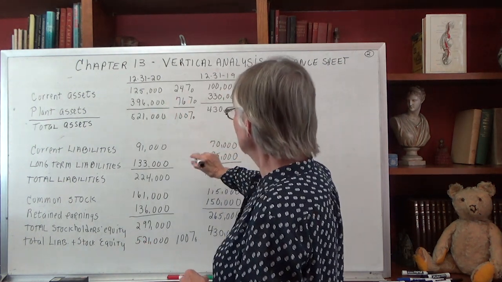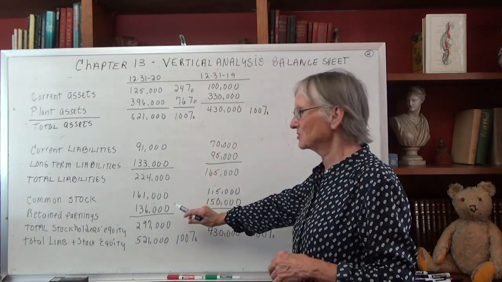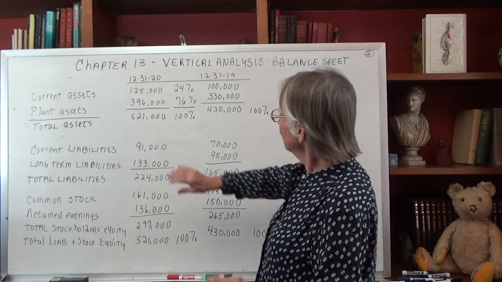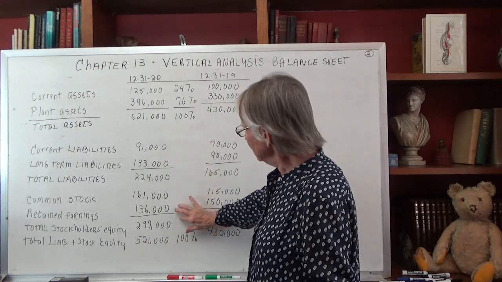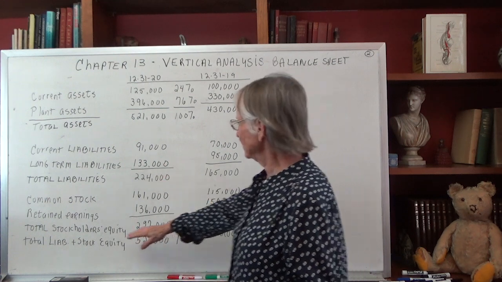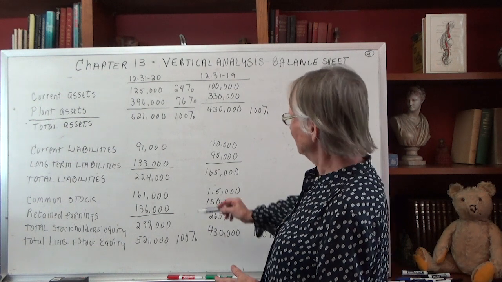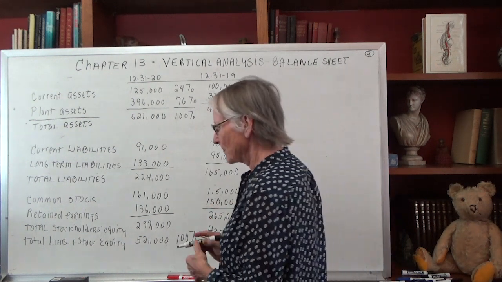When you come down to the liabilities and stockholders' equity, and this is where students seem to have some trouble, you're dividing every single number here by 521. You're not dividing anything by any of the other numbers. It would not make sense, okay? So you're dividing everything by 521. So what do we get?